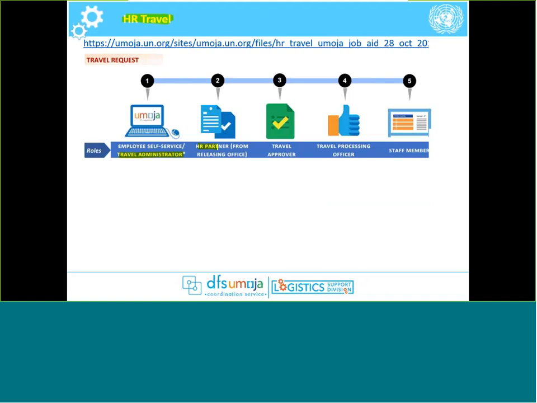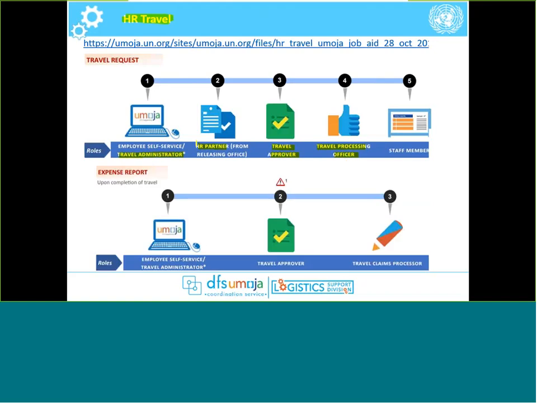It will go to the HR partner, afterwards to the TSA, and lastly to the TPO to purchase the ticket. And after the staff member has reached the mission, they will be able to raise the expense report that will be reviewed and approved by the certifying officer and by the travel claims processor. Okay.